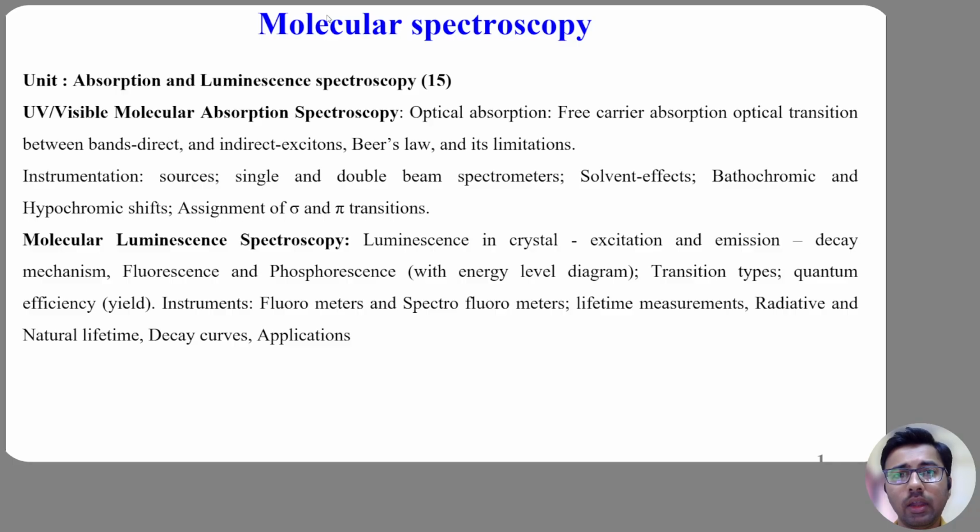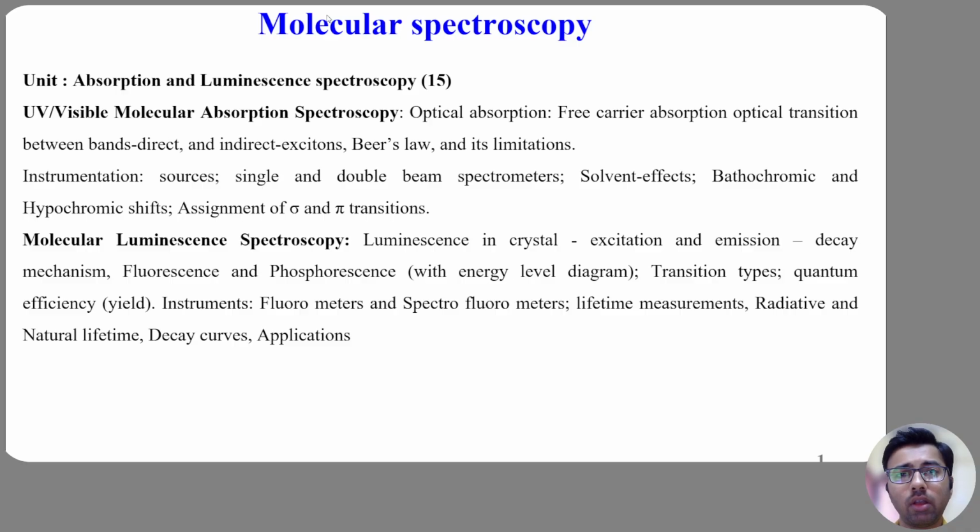We then define quantum efficiency, also called quantum yield. It measures how efficiently absorbed energy is converted into emitted light. This parameter is crucial for evaluating luminescent materials. We will study instruments such as fluorometers and spectrofluorometers.